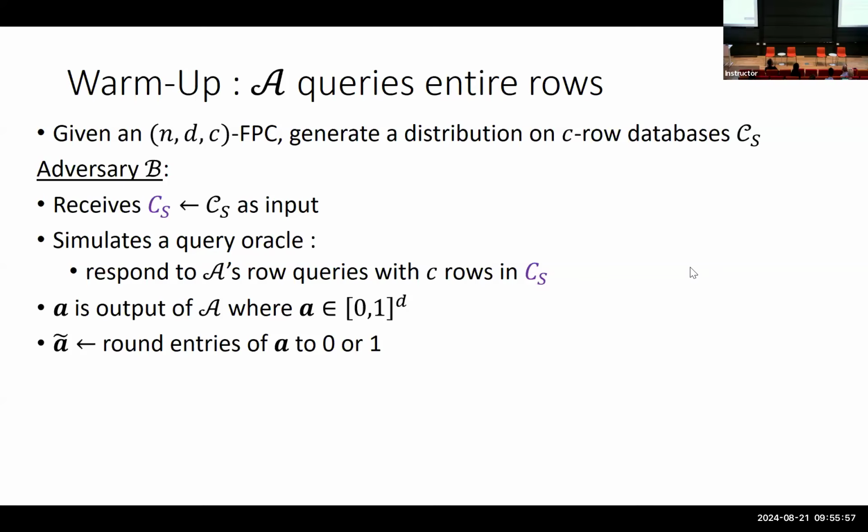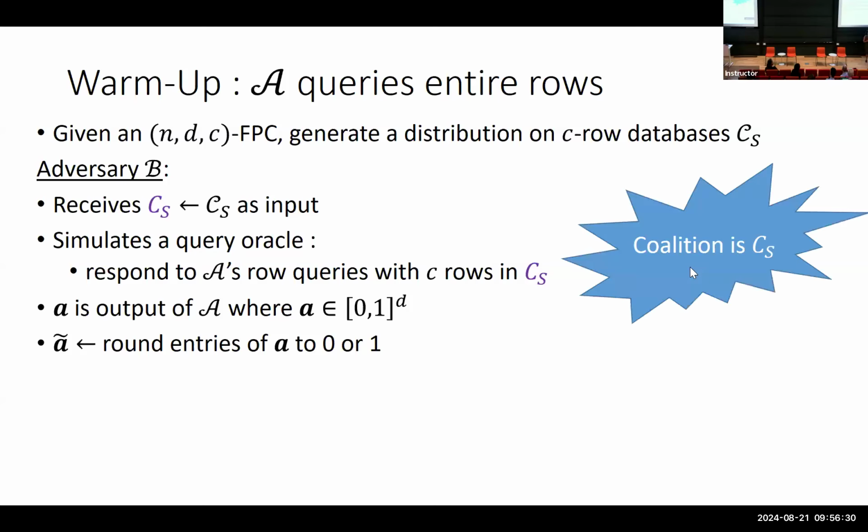The algorithm A is going to query the data set to get rows to compute the one-way marginal, and B will basically send the C rows that it wants to get the output for. So B is simulating a query oracle, and it responds to A's row queries with the C rows that it wants. Then we still get an output from A, which is the one-way marginals of the entire data set, and we can still round the entries. This part is still fine.